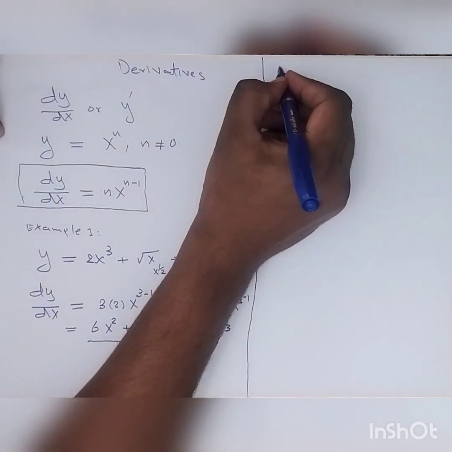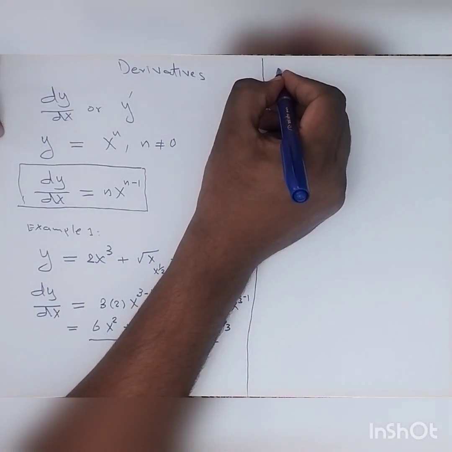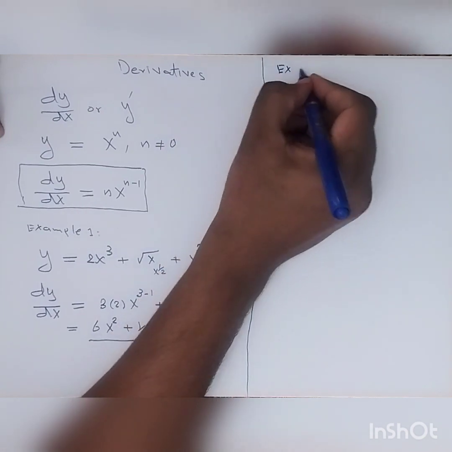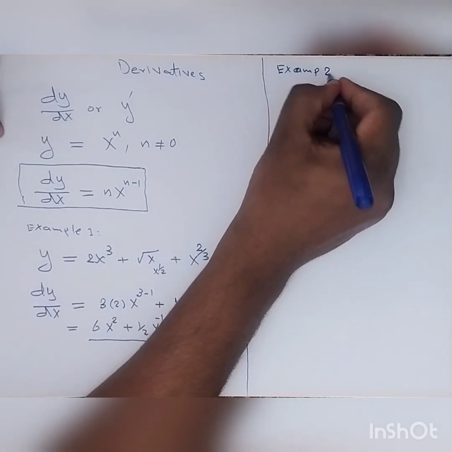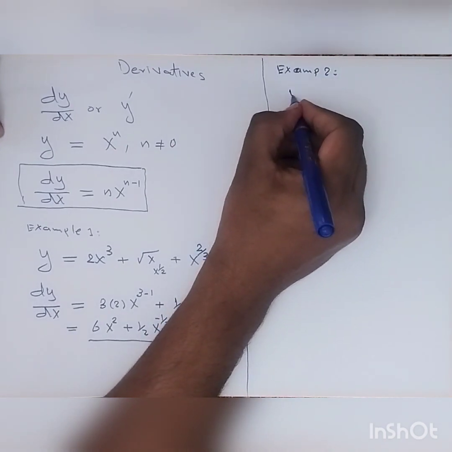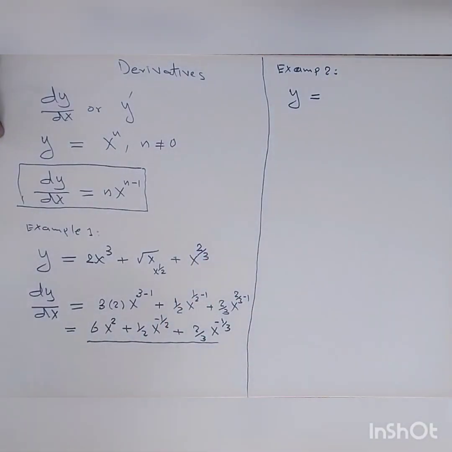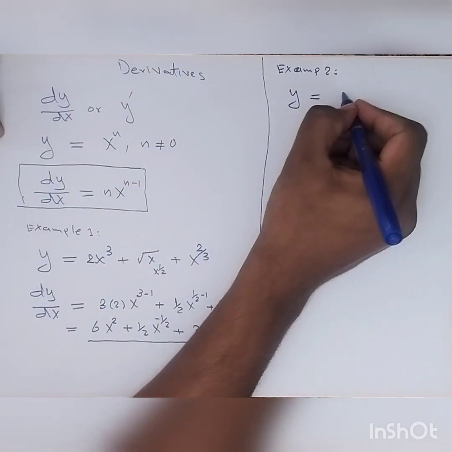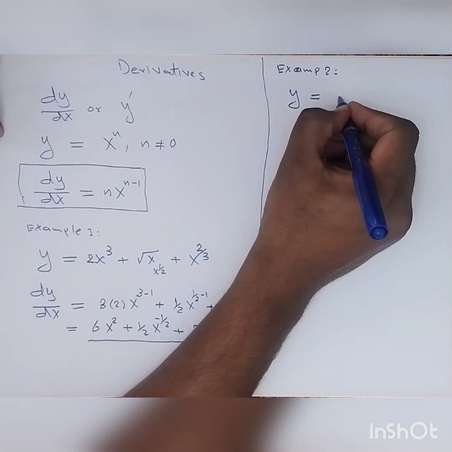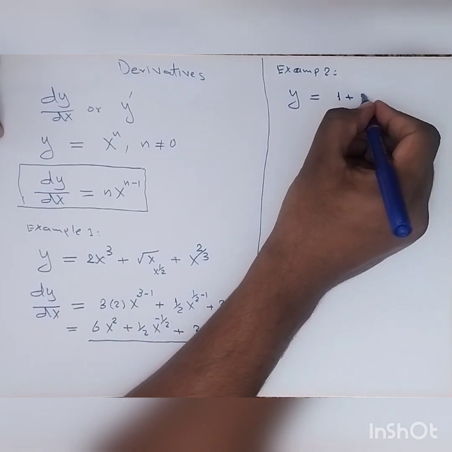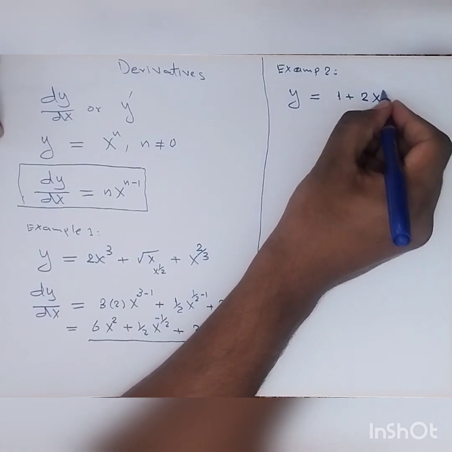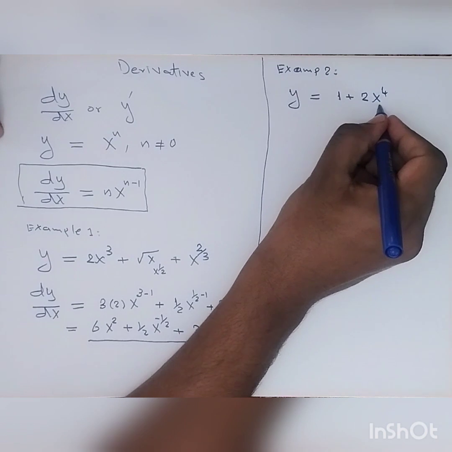So let us say example 2. Let us consider the following function. Let us say that we have this function x times 1 plus 2x to the power 4, for example.